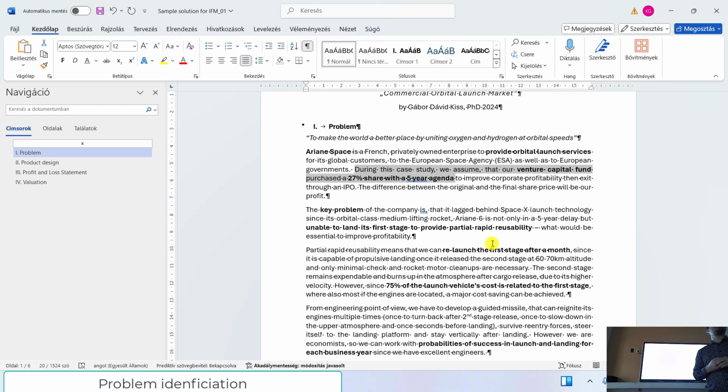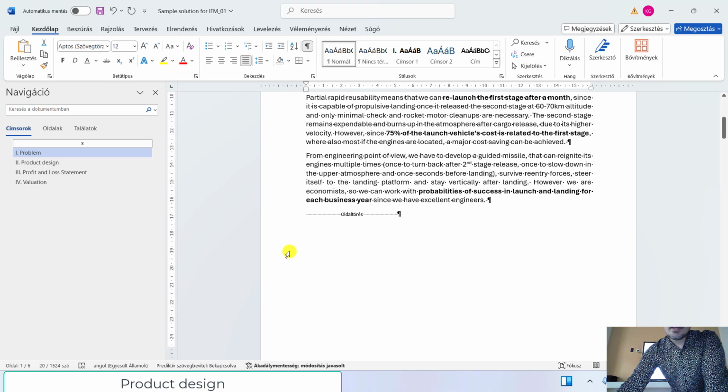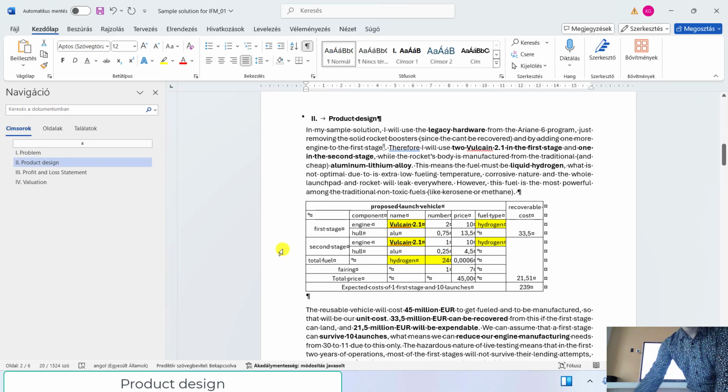Okay. After that, we can go to the next thing. So product design. We are using legacy hardware. Practically, to land our vehicle, we have to be able to throttle down the engines.